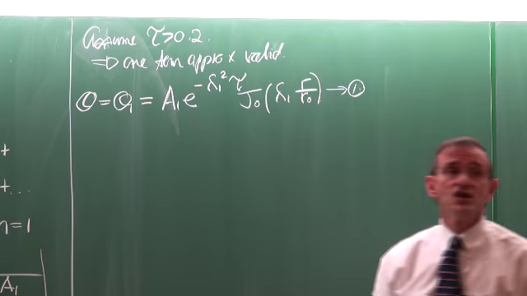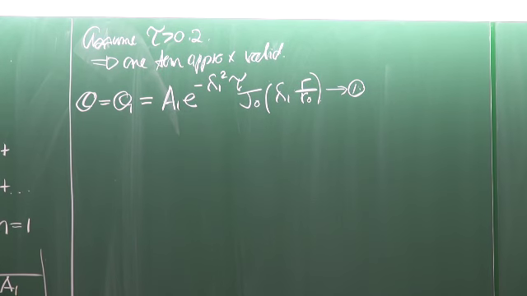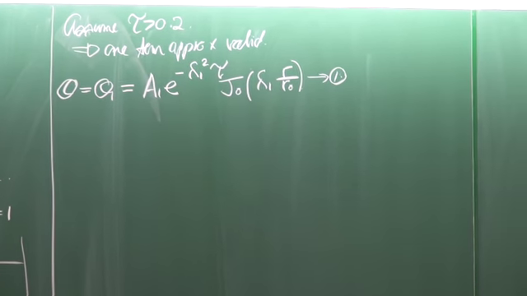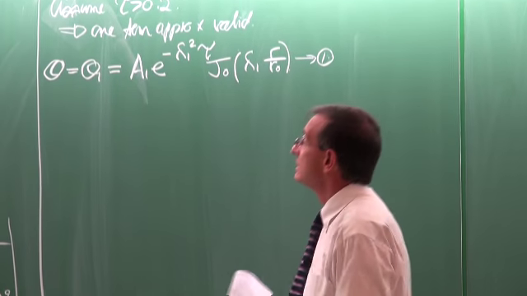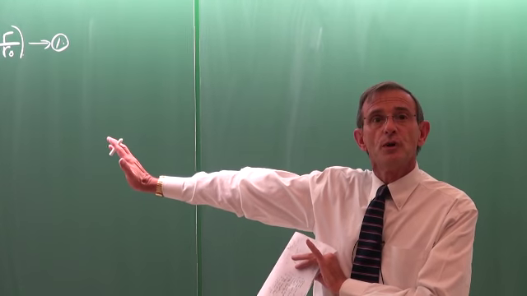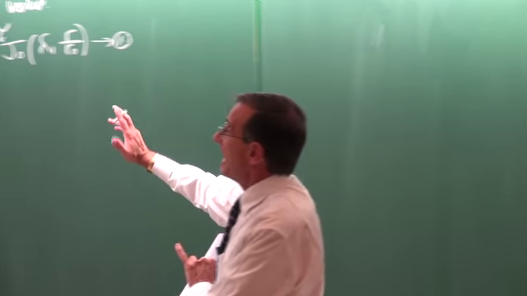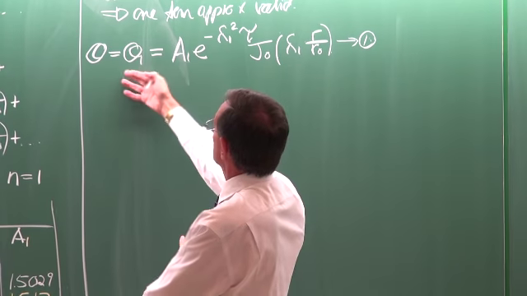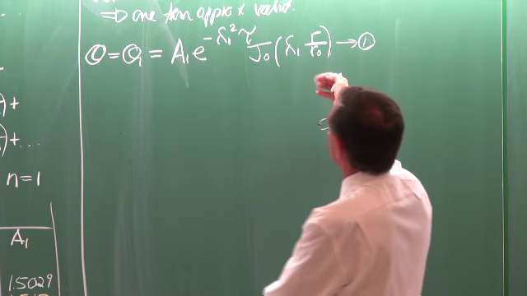Let's call that equation 1, because we're going to use it a little later. That is the one-term approximation.